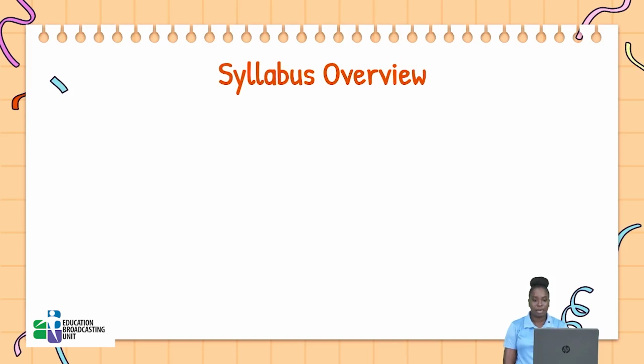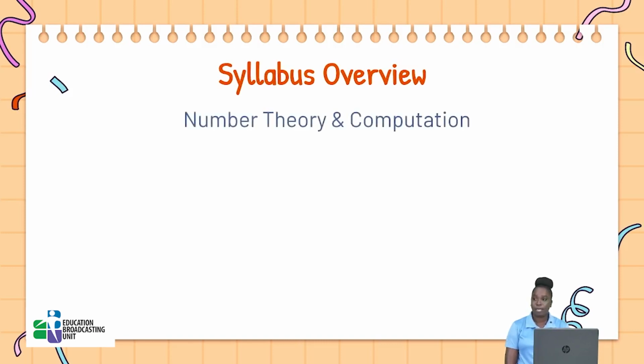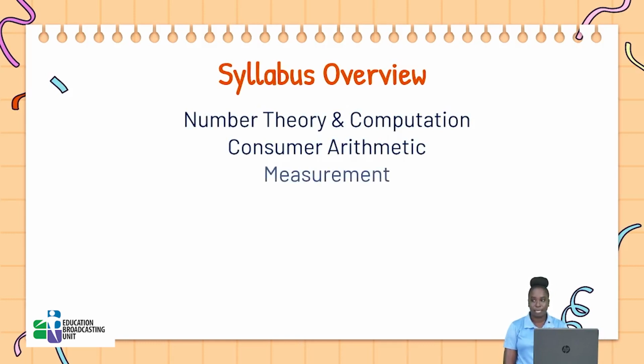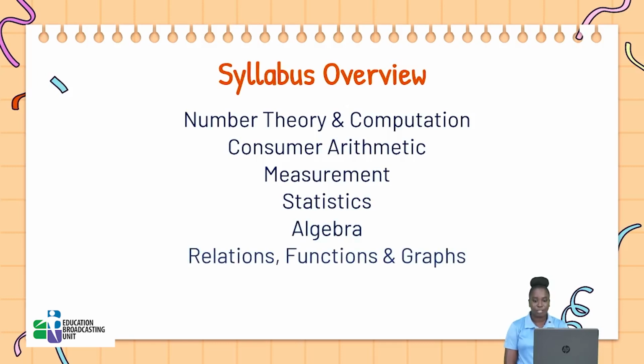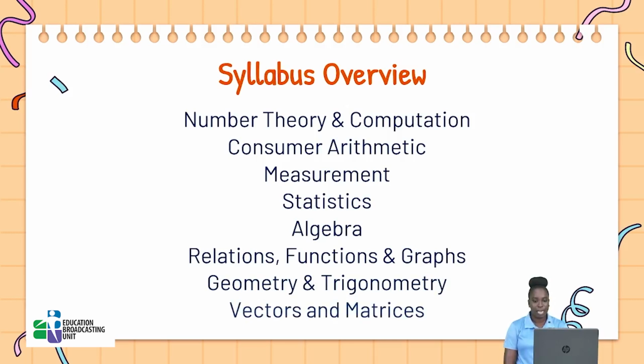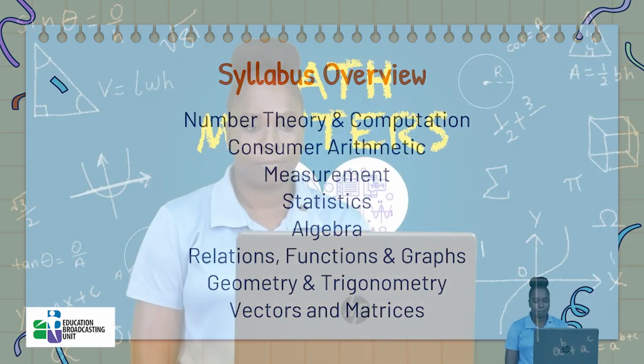The topics are as follows: number theory and computation, consumer arithmetic, measurement, statistics, algebra, relations, functions and graphs, geometry and trigonometry, and vectors and matrices. Please keep in mind that each topic is equally important, so be sure to familiarize yourself with each of them.